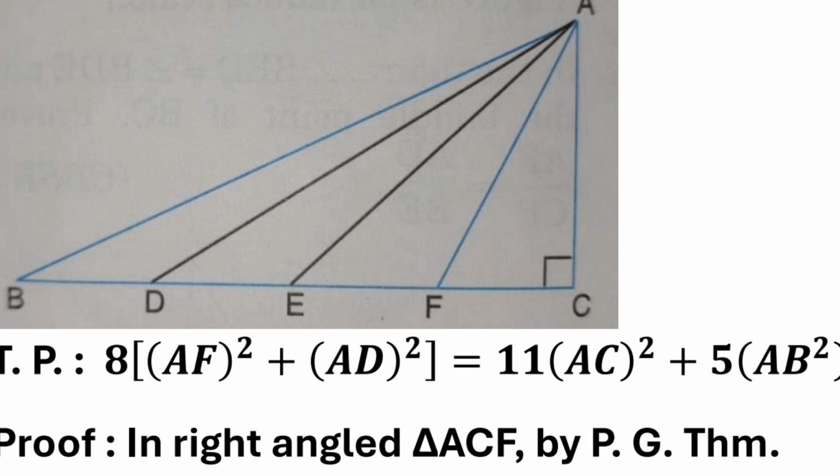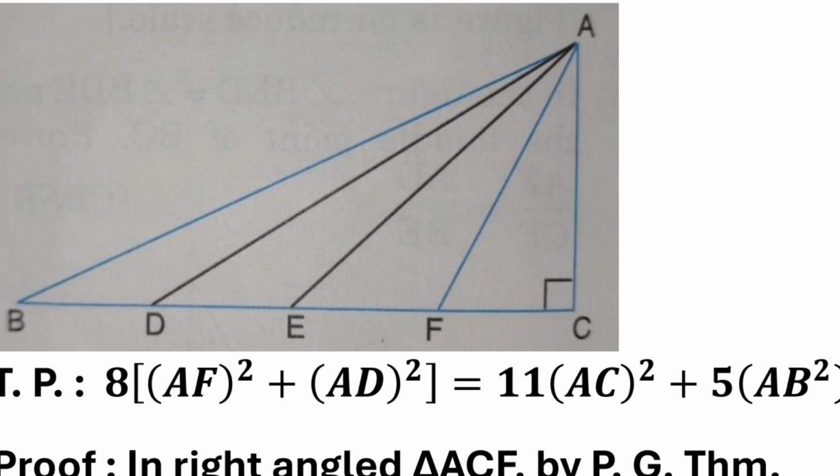So first we take AF², so we take the right angle triangle ACF first, and then the right angle triangle ACD.